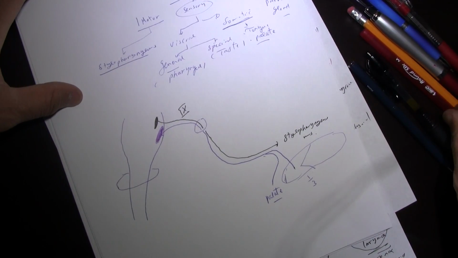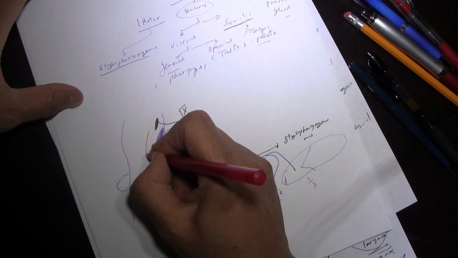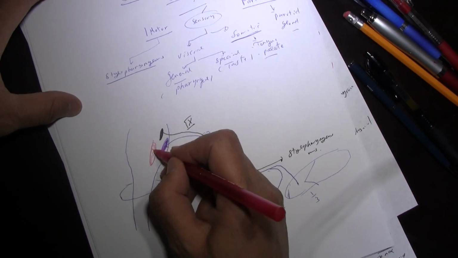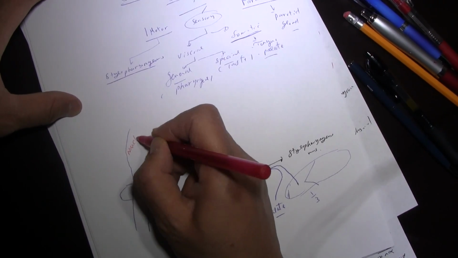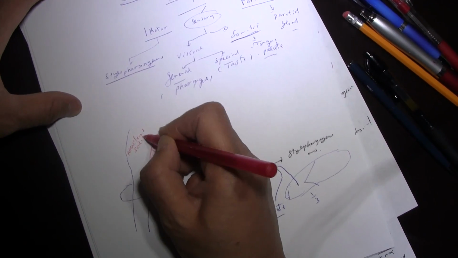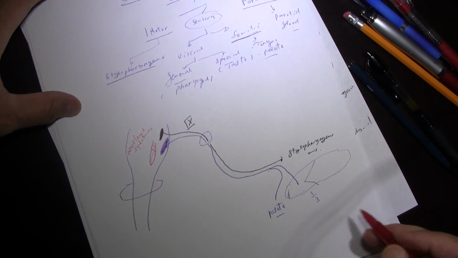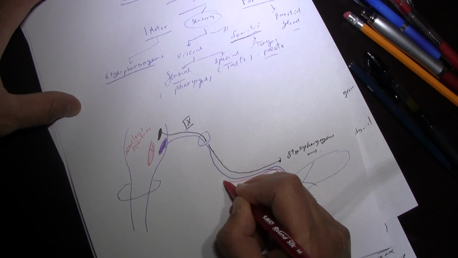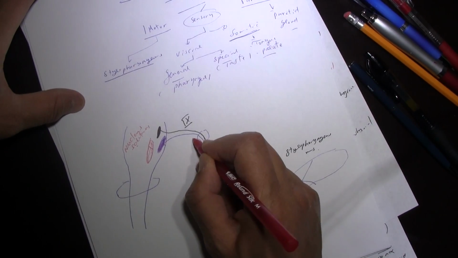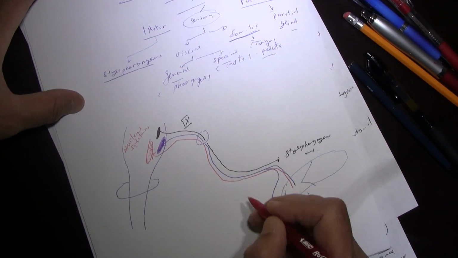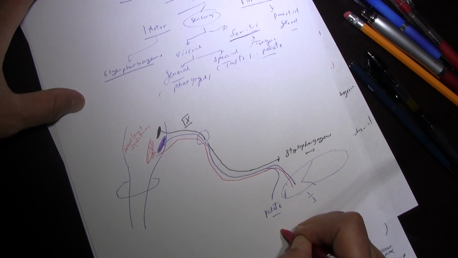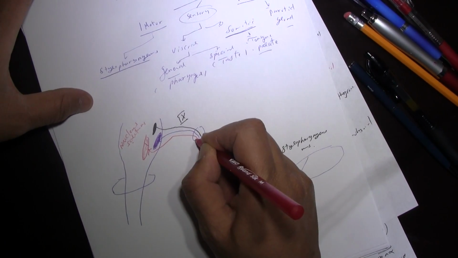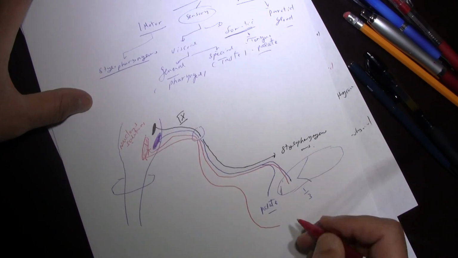Then we have the nucleus responsible for visceral sensation, taste and general, which is the nucleus solitarius. This is in the medulla. Taste sensation from the posterior third of the tongue goes to this nucleus, and sensation from the pharynx also goes to this nucleus.